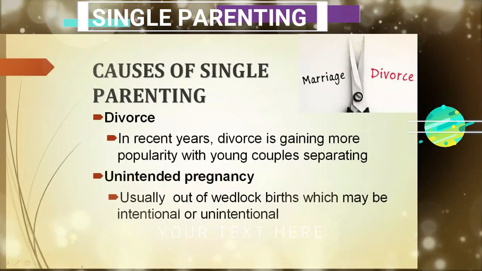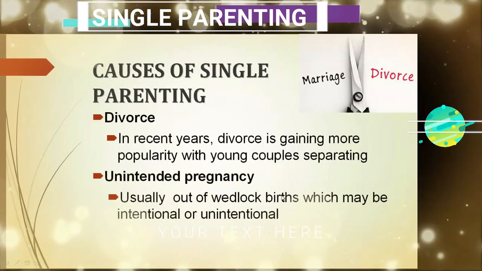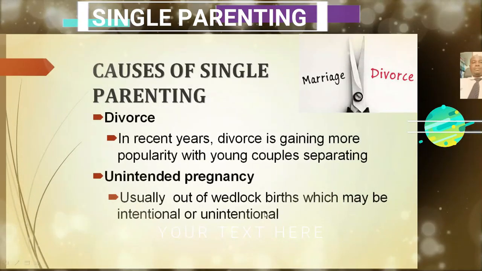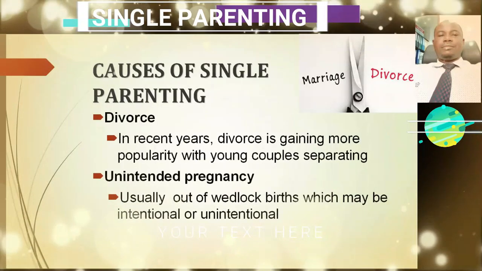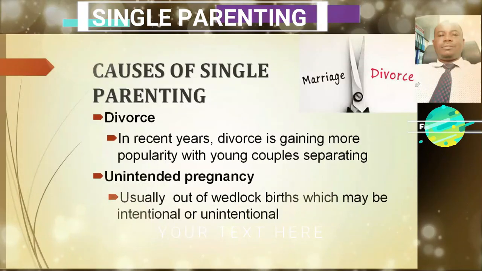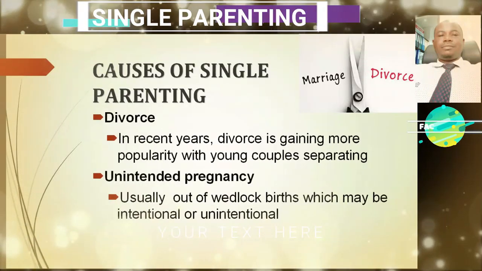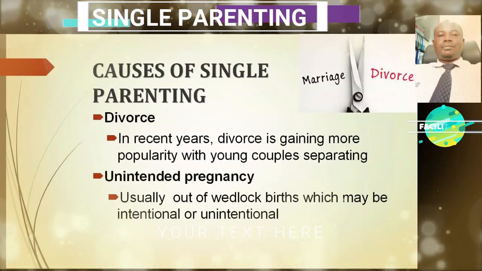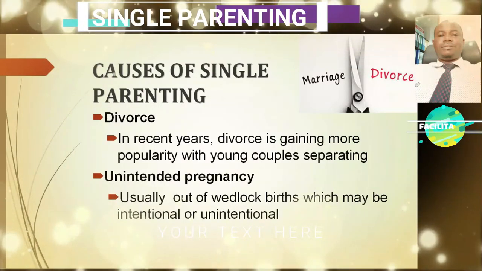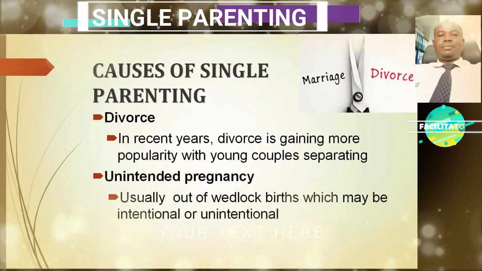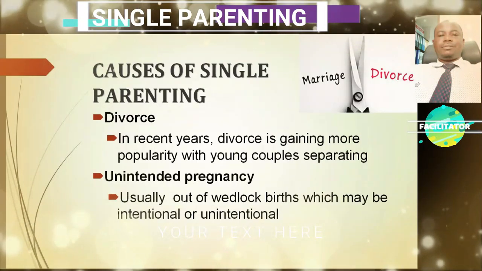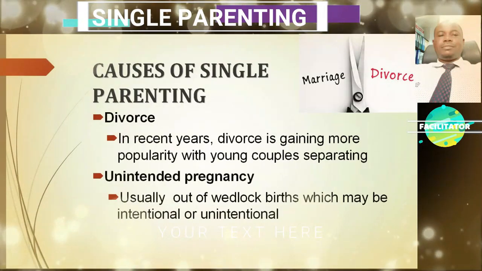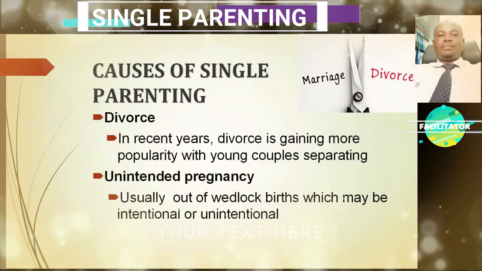Now, this is usually out-of-wedlock birth, which may be intentional or unintentional. Sometimes it's intentional. Some people may just want to get pregnant, for example a woman may get pregnant just to force the man to marry her.